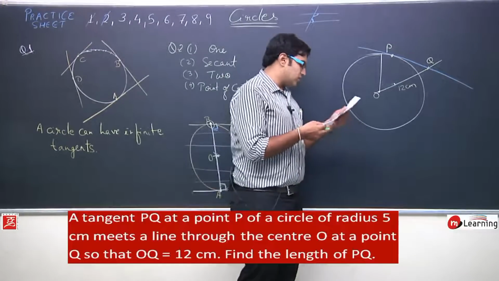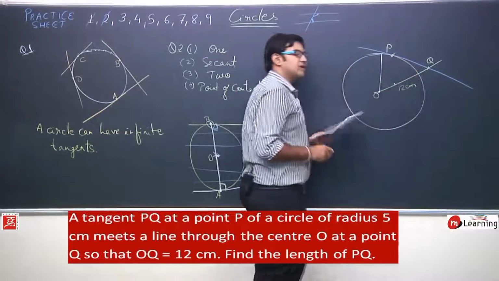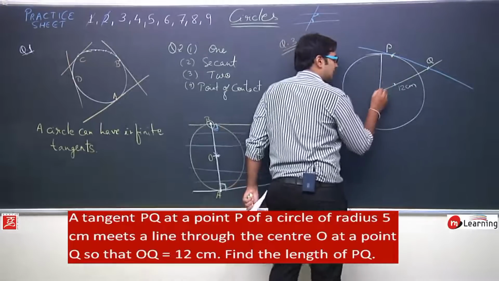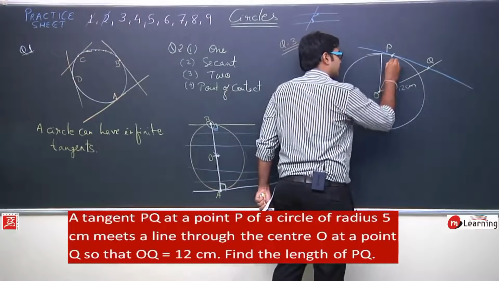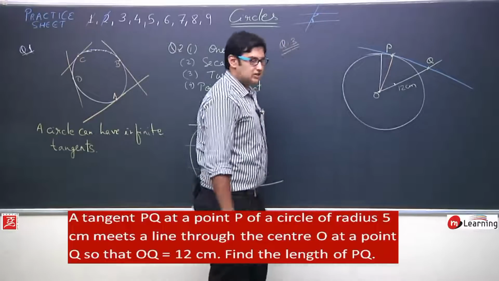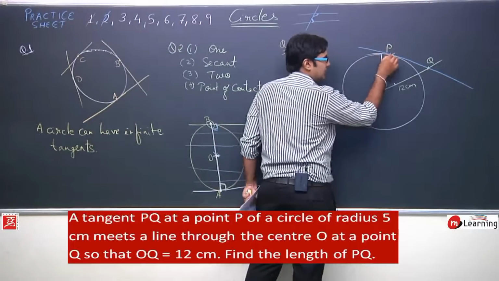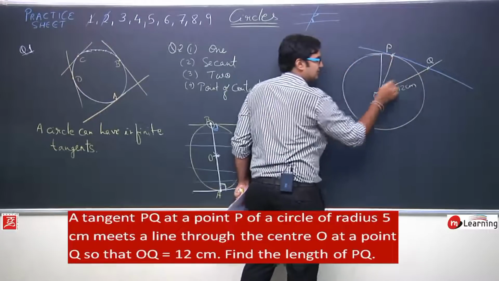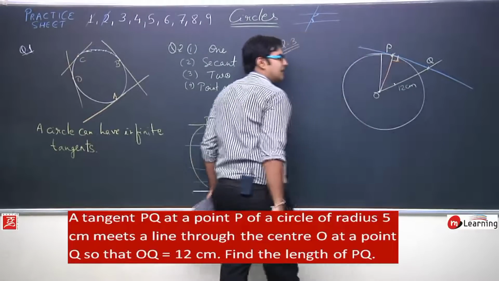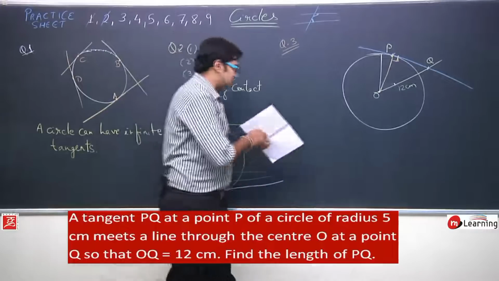So now you need to determine the length of PQ. How to determine the length of PQ? Let us first join this point P with the center. This is OP, which is the radius of this circle, and since at point P this line is a tangent, PQ is a tangent and OP is the radius, so from theorem 1 I can write that angle OPQ is equal to 90 degrees.